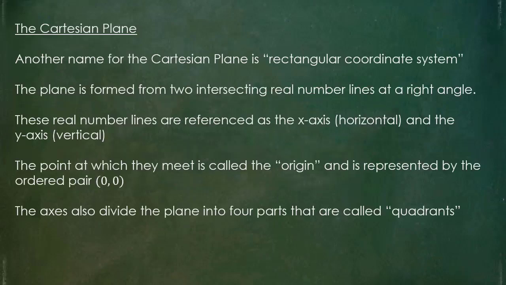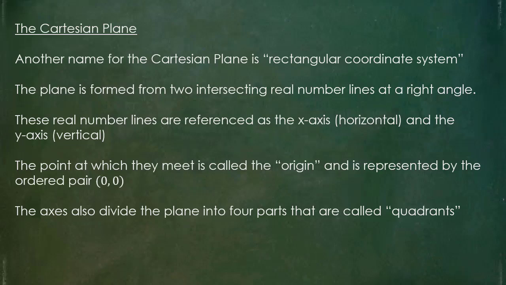So what is the Cartesian plane? Well, it's essentially just another name for the rectangular coordinate system. Something that maybe you guys just like to call a graphing grid. The plane is formed whenever you have two intersecting real number lines that meet at a right angle. The horizontal one is what we call the x-axis, and the vertical one we would end up calling the y-axis.